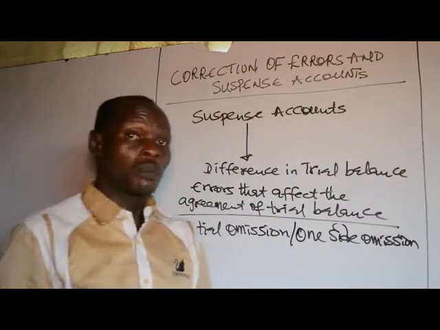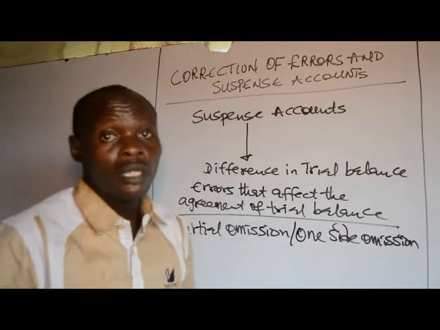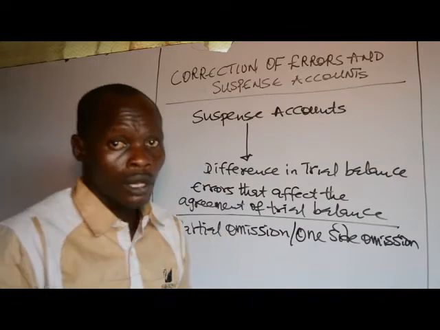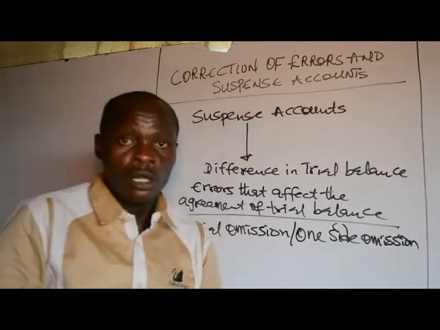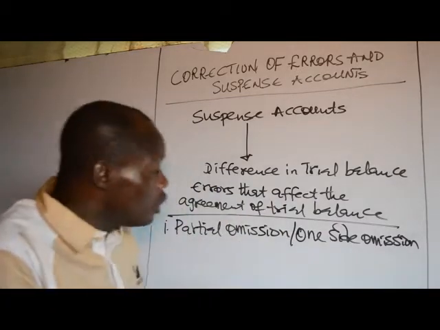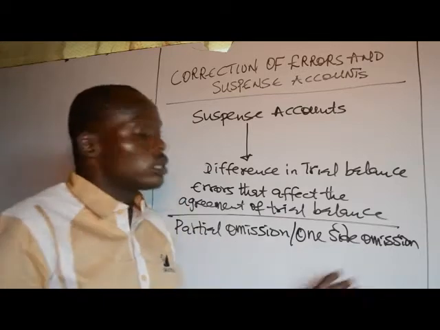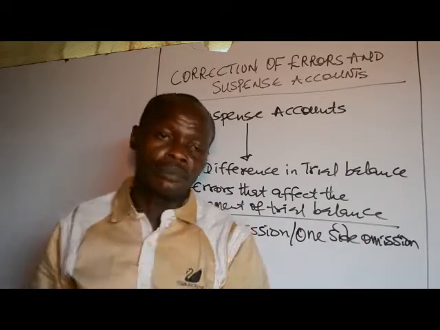Remember the double entry principle, which says that for every debit entry, there must be a corresponding credit entry and vice versa. So instead of debiting one account and crediting the other, you record only one aspect of it. You may record the one to be debited, but fail to record the one to be credited, and where that occurs, your trial balance will not agree.